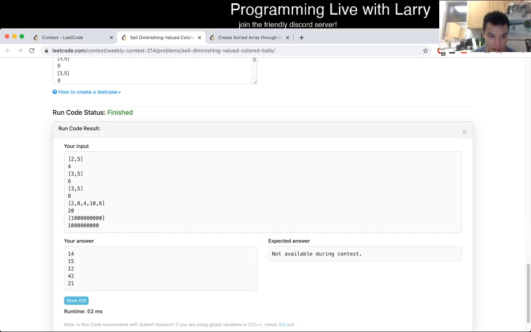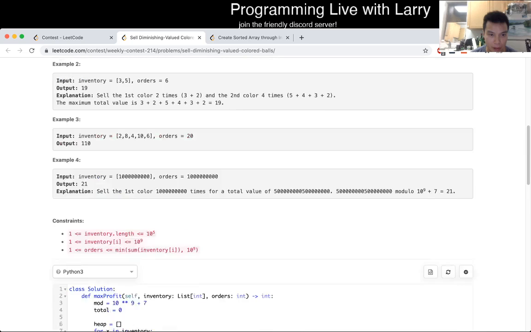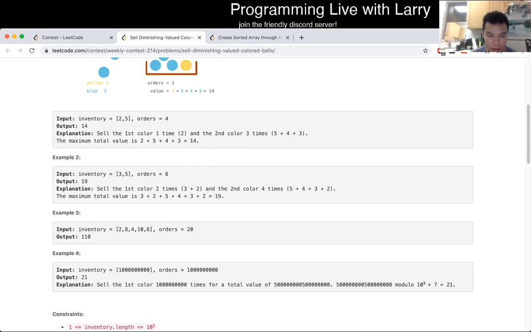That doesn't make sense, that this has fewer orders. So we have to fix that.